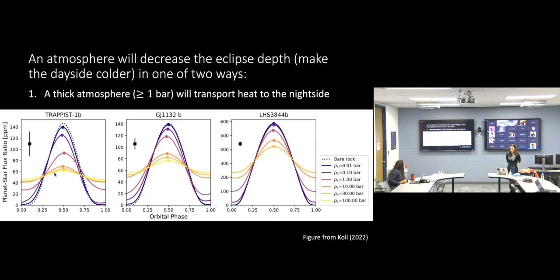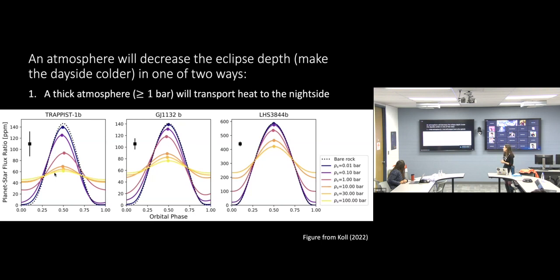I have an idea. I don't know if this is going to be right, but I'll share it with you. As you go from left to right on this plot, you're going up in equilibrium temperature, which is why the error bar is dropping. The error bar to first order just depends on the temperature of the planet, because that's how much flux you're able to get from it.